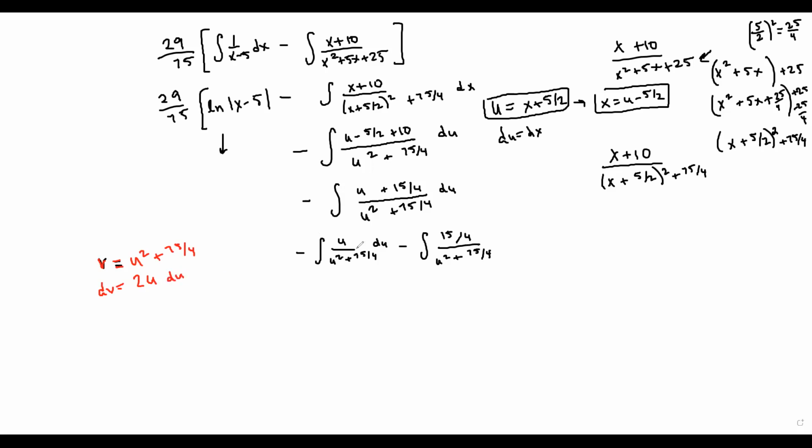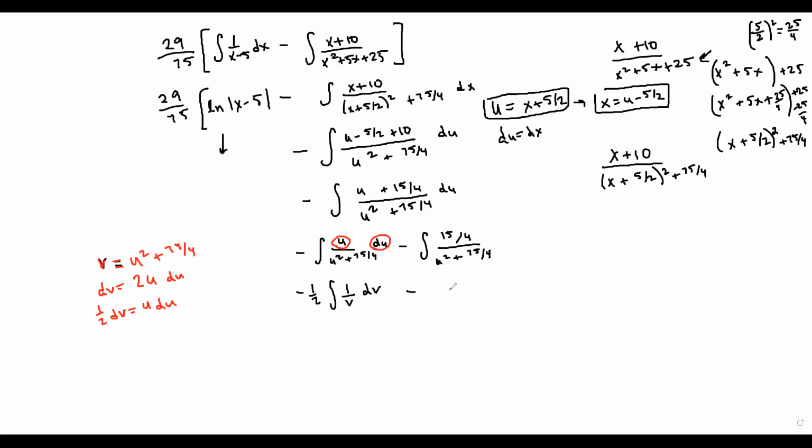I don't have 2u, I only have u du, so I'm going to divide both sides by 2. Now we have 1/2 dv equals u du. So I can approach this integral on the left-hand side. This is now 1/2, and I'm moving over to v's, essentially 1 over v dv. We'll come back and finish that off in a hot second.